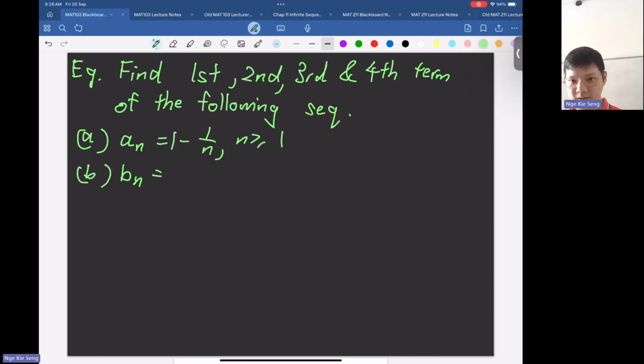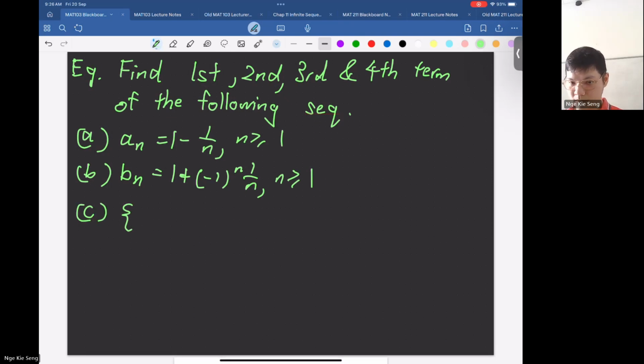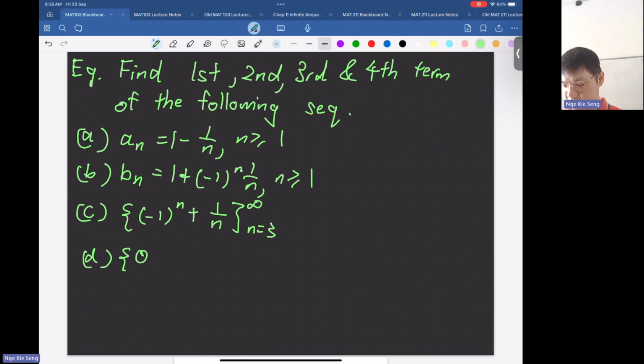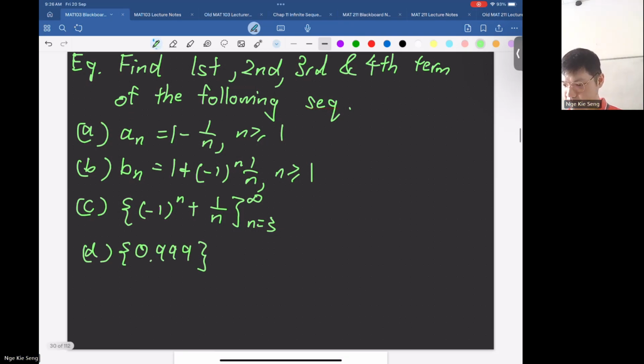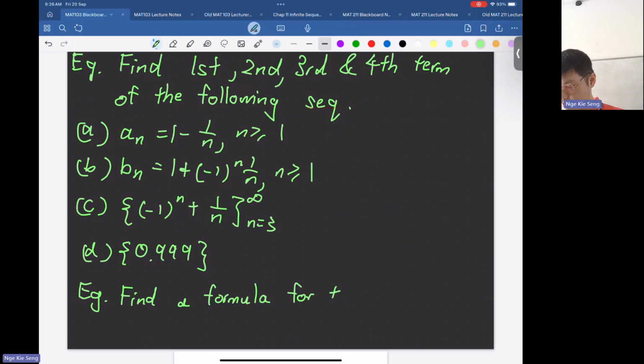The first exercise is to figure out the first 4 terms of the sequence. You need to familiarize yourself with different ways of expressing these sequences. Second, let's find a formula for the following sequence.